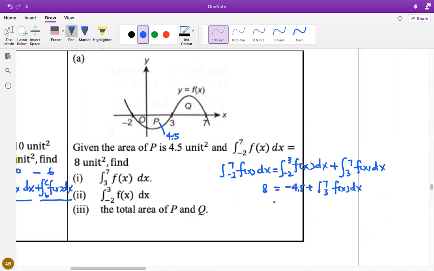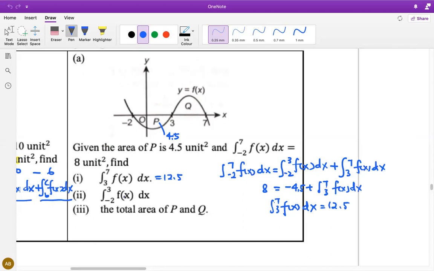So therefore, our total value is 3 to 7 fx dx is 12.5. So here is 12.5. If there's any mistake, let's see.